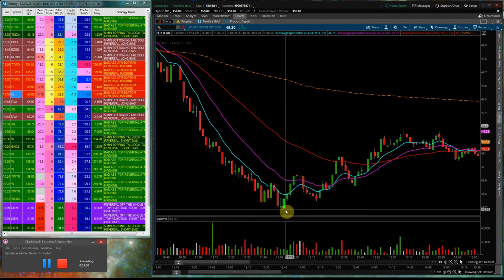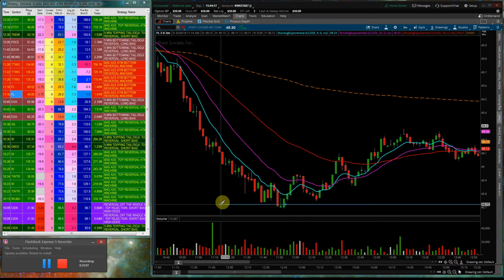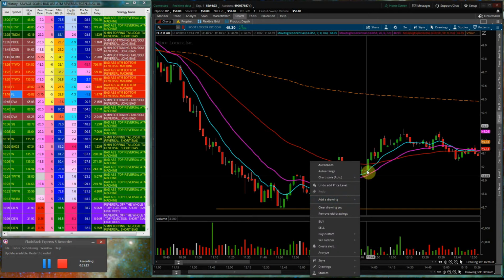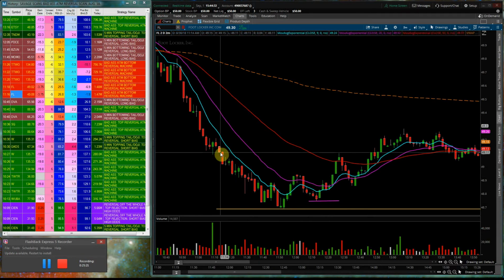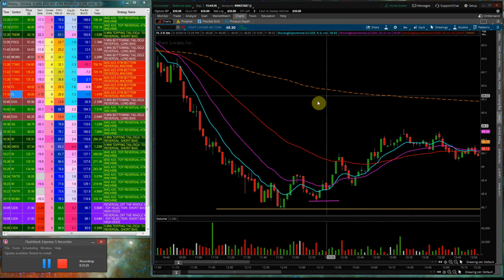So this was the bottom here. We'll put a mark for the bottom area. And this was the higher low. Okay, now let's mark it up.